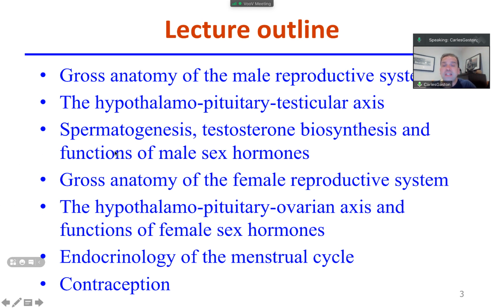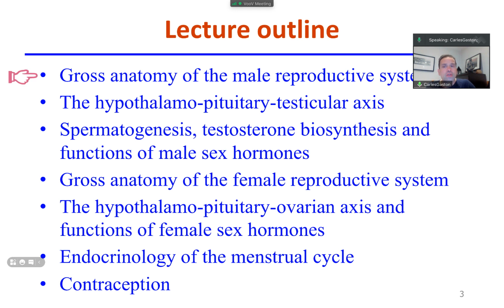We will study spermatogenesis, testosterone biosynthesis, and functions of male hormones. Then we will move into the gross anatomy of the female reproductive system, the HP ovarian axis, and then we will study contraception and the menstrual cycle in the other part, because today there is a lot to learn.